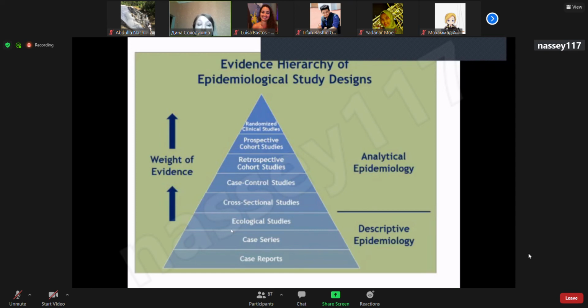Just one point, I have not paid much attention to ecological studies, or we call them correlational, but ecological studies are conducted in groups, so it's a population-based study. For example, we investigate how much sugar people consume in different countries, and then we check the incidence of, for example, insulin-dependent diabetes in those countries.